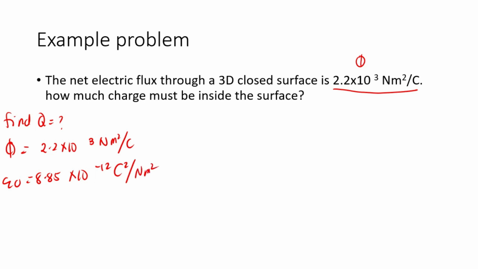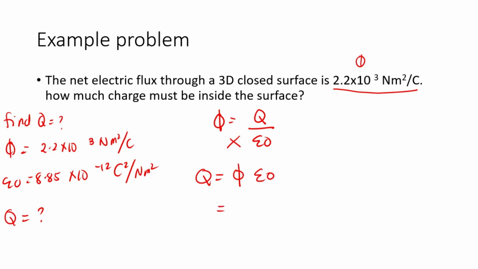Since we are looking for the charge, we can derive the formula from our mother formula, which is electric flux is equal to your Q over EO. Cross multiply, we have Q is equal to your flux total times EO.